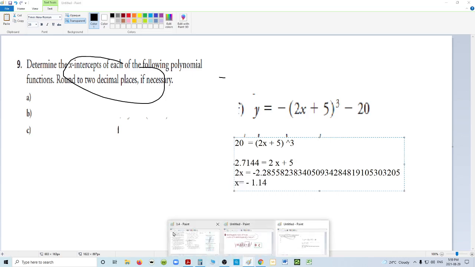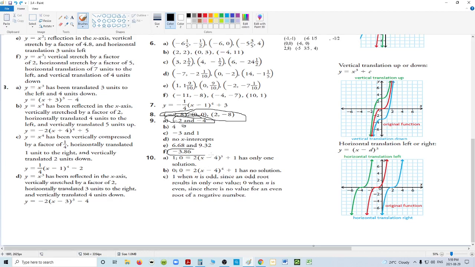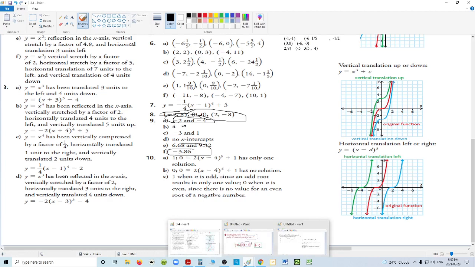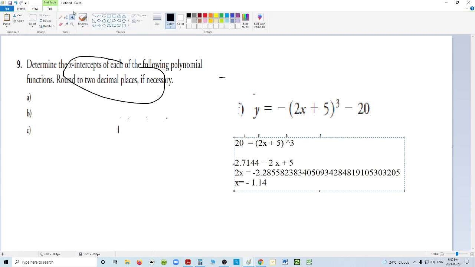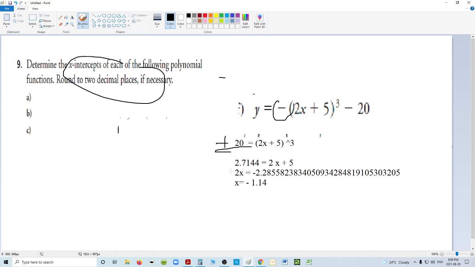And you check your answers, and sure enough, oh, I did an error there. So let's go back. Was it indeed a cube root? Yeah, cube root. So after it became plus 20, I had to divide it by negative. And that means I'm not taking the cube root of 20, I'm taking the cube root of negative 20, which does have a negative answer.